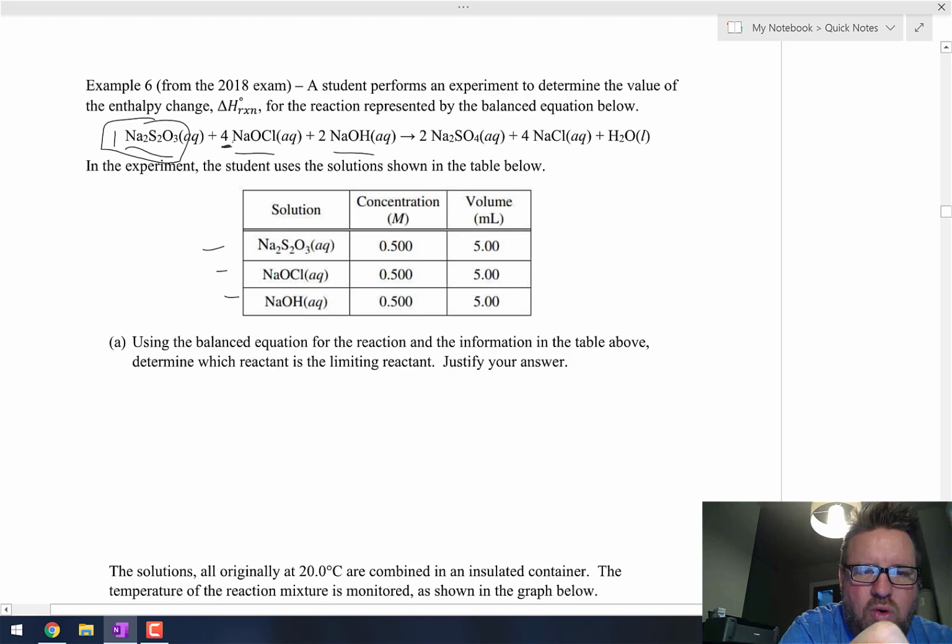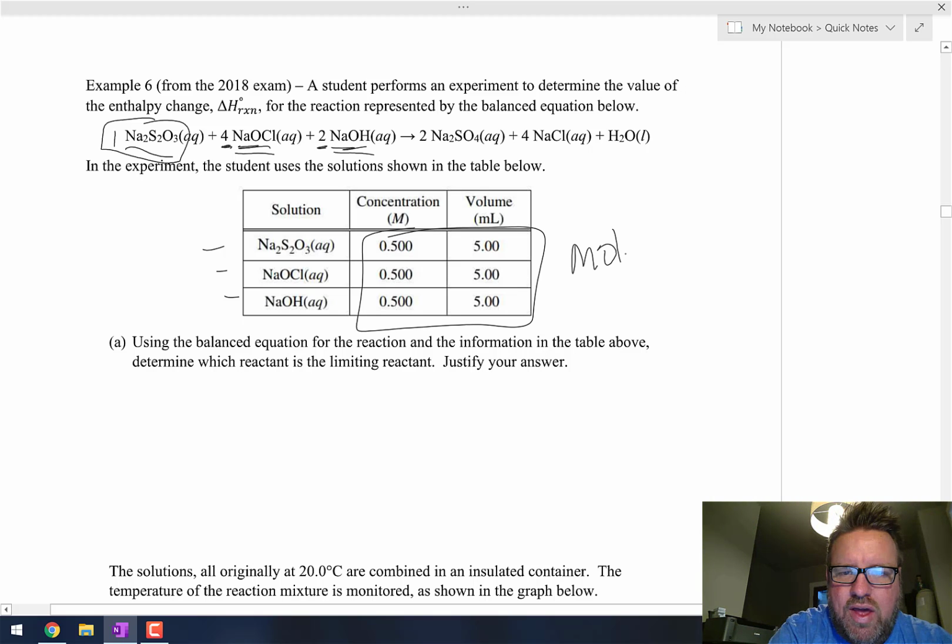Okay, and we can see that for every 1 Na2S2O3, 4 NaOCl's are going to react and 2 NaOH's are going to react. Since the concentrations and the volumes are the same, that also means the moles are the same. So the one that runs out first is the one that reacts in more moles than the others.